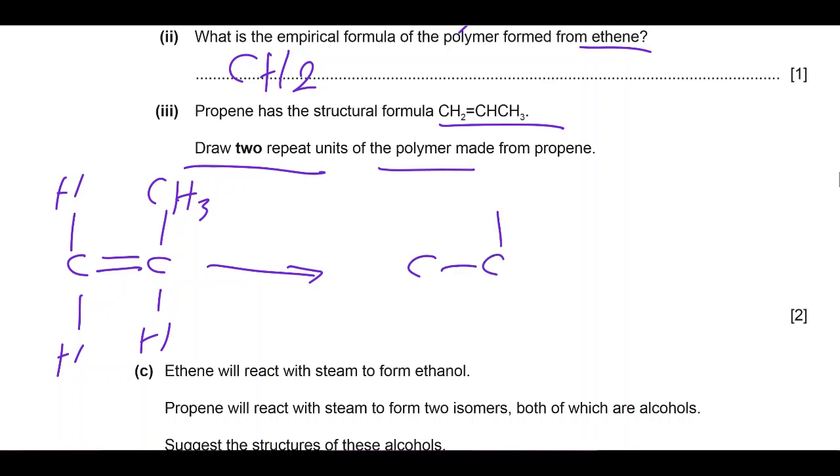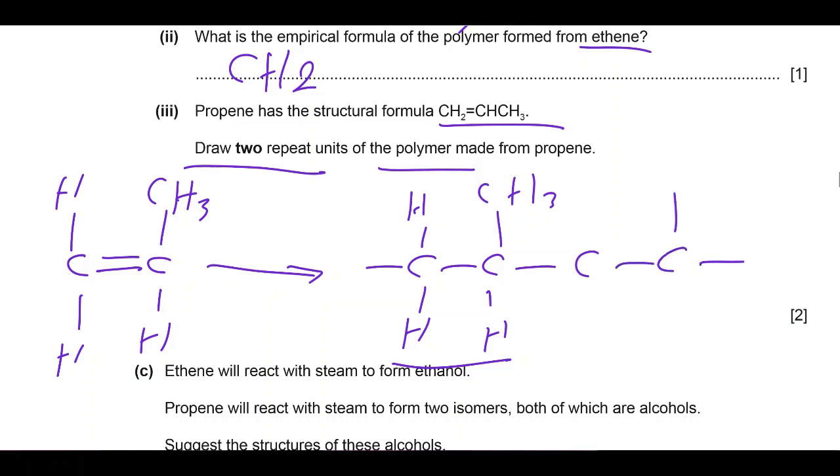So this is one CH3, H, H, and the double bond between these 2 carbons is broken down, and you have formed 1 repeat unit. The second repeat unit is totally similar to this part. So here another one should be connected. Here CH3, here H, H, H. So here we have 2 repeat units.